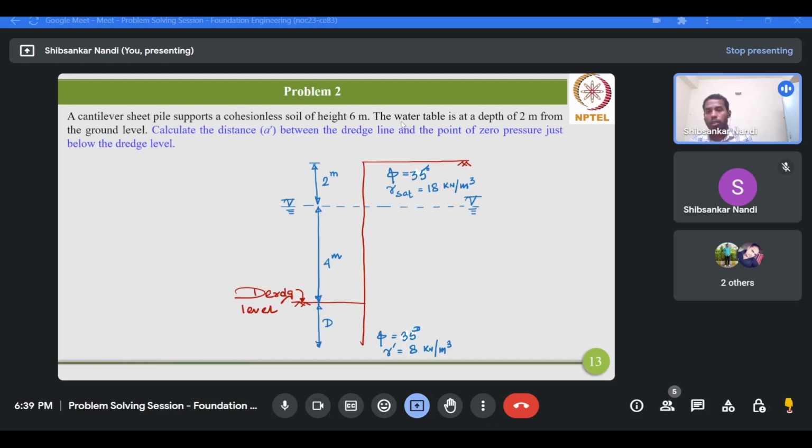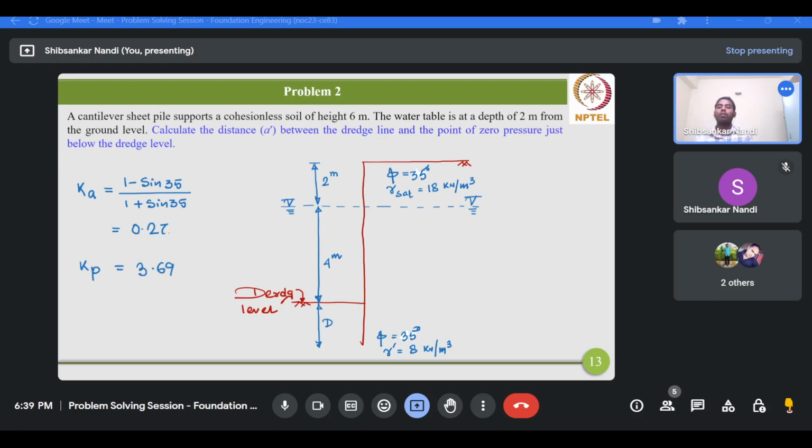For that, first we'll determine the coefficient of active earth pressure, Ka, which is (1 minus sine 35) divided by (1 plus sine 35), that is 0.271, and Kp is the reciprocal of 0.271, that is 3.69.